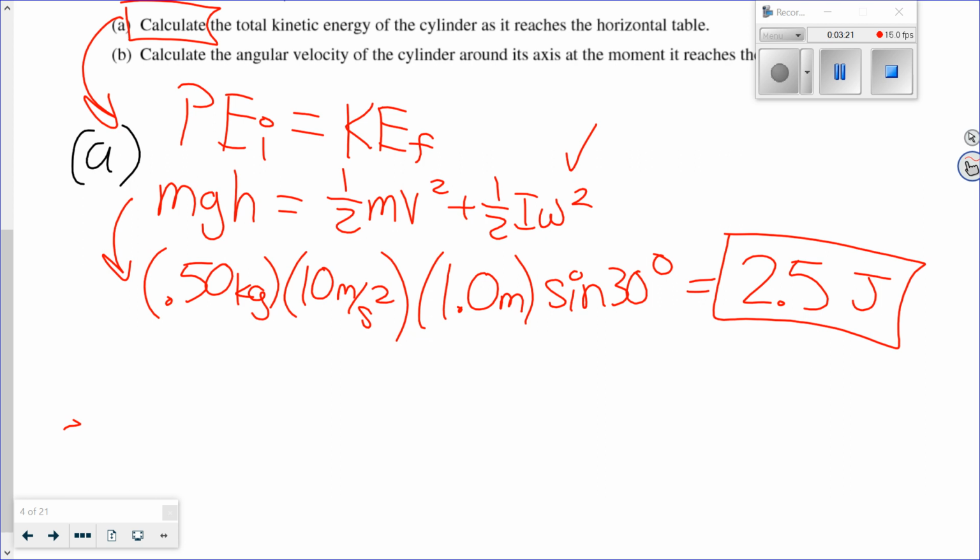Then part B, so I didn't waste my time writing down that big energy formula. Part B, calculate again what is omega, the angular velocity, in radians per second, the moment it reaches the floor.